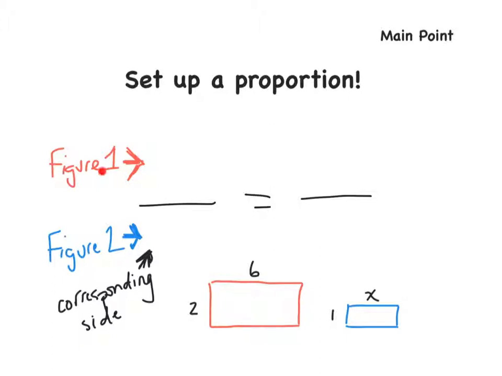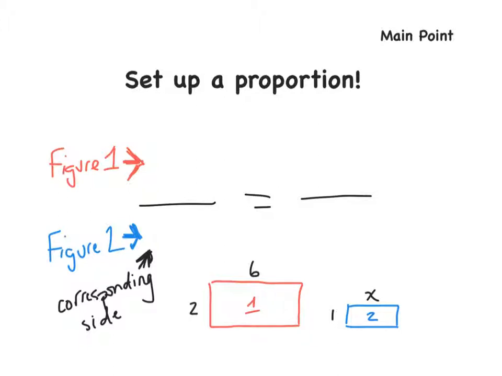In the numerator, I want you to put all of the information for figure 1. In the denominator, you're going to put all of the information for figure 2. So I'm going to use the red as figure 1, and the blue, the smaller one, is figure 2.